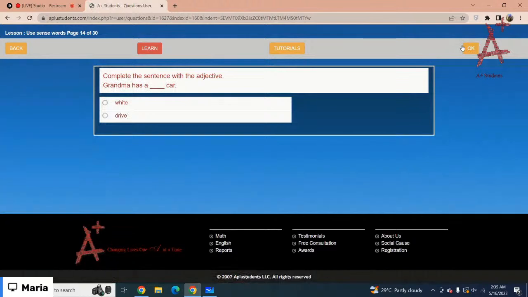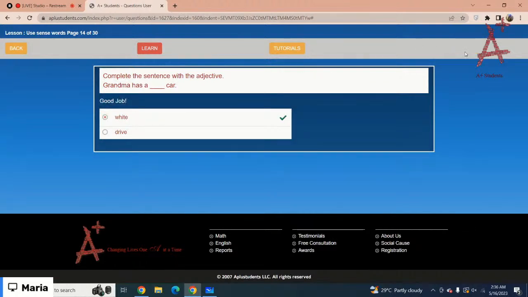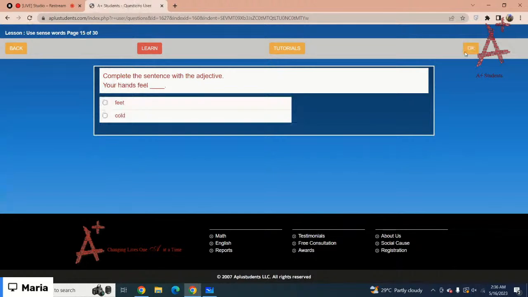Grandma has a dash car. White or drive? Which is the correct option? Grandma has a white car. The correct option is white. Your hands feel dash. Which is the correct option? Your hands feel cold.